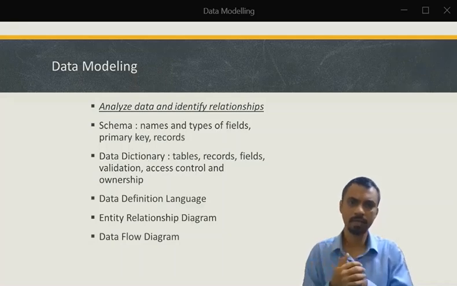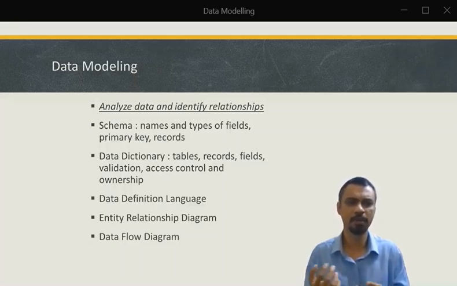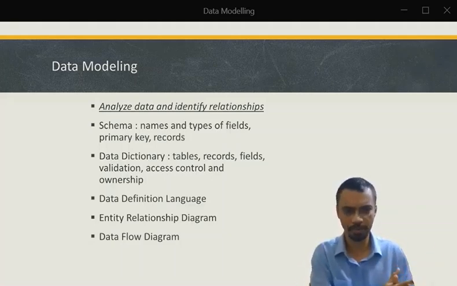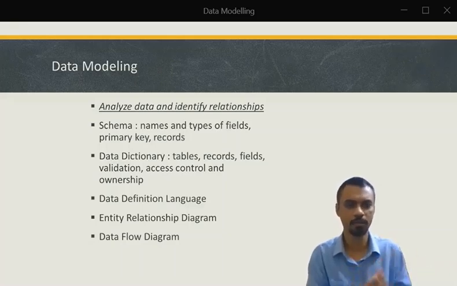Another thing that the schema mentions is how many records I will see. Some databases have maybe thousands of records, some may have millions of records. If you go to something like Facebook, it has billions of records. So that has to be specified in the schema itself. Like NIT at any point has about 7 or 8,000 students.